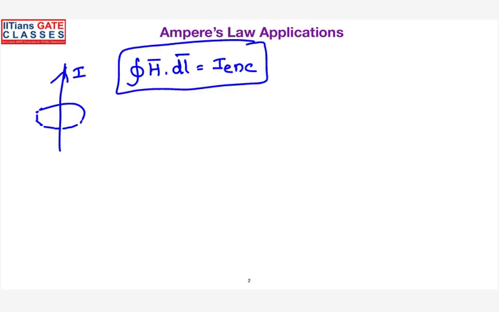We'll use the same Ampere's law to calculate the magnetic field intensity if we know the type of current distribution. Similarly, there are two steps involved, like what we discussed in Gauss law. The first step was to enclose the source with a closed line.